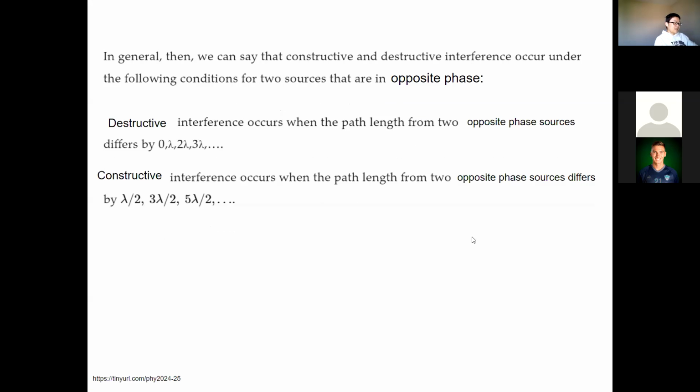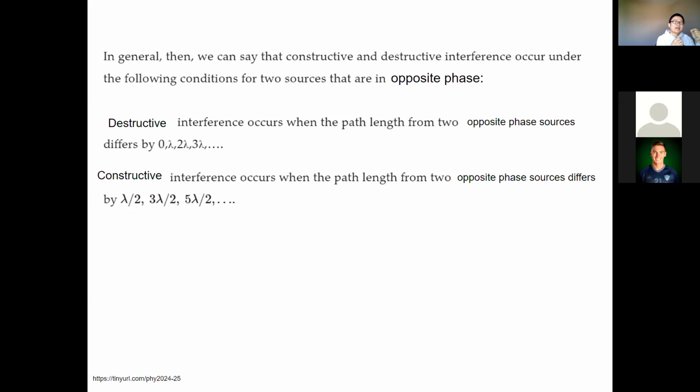Now, on the other hand, if the two sources are out of phase, basically that happens when, at a certain given moment, source one gives out a peak intensity, then source two will give a minimum intensity. So they are actually in opposite phases. Mathematically, if you use angle, they differ by 180 degrees or pi.